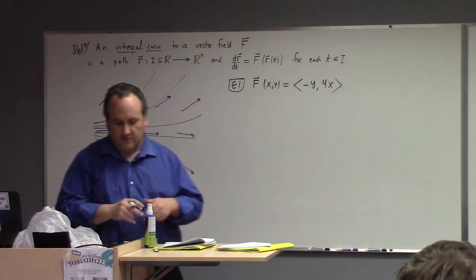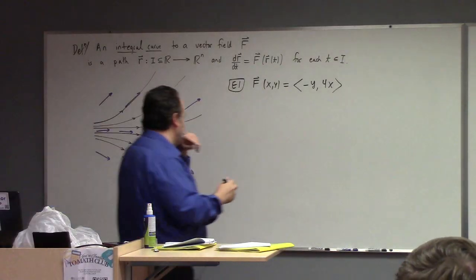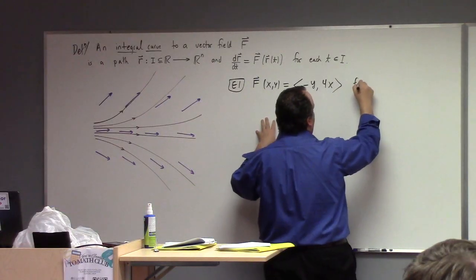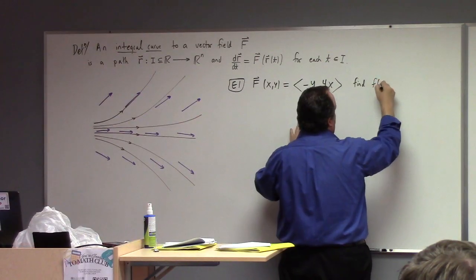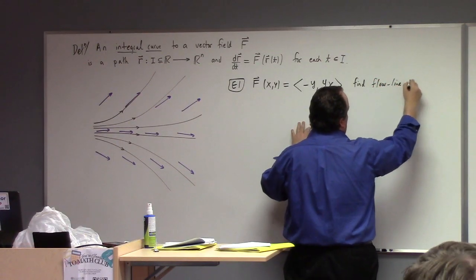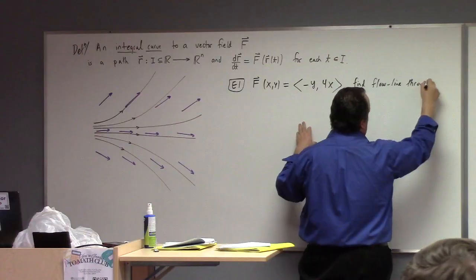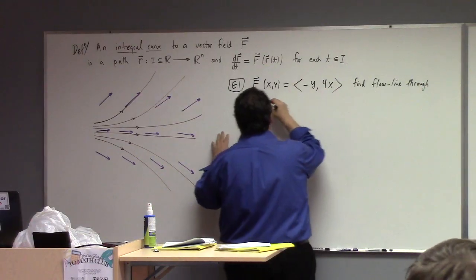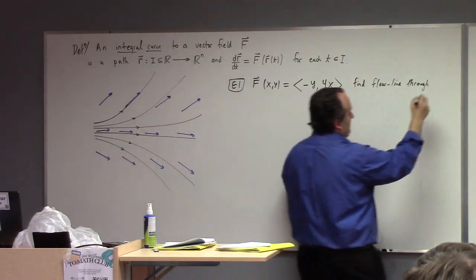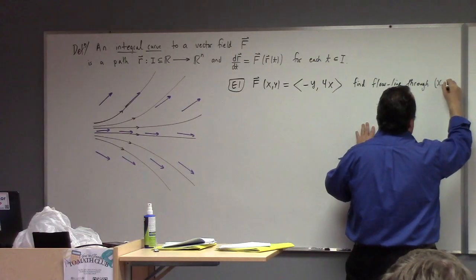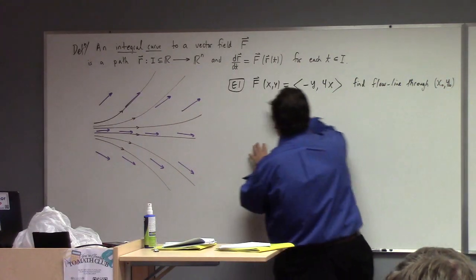I want to find the integral curve, or if you like, find the flow line, or the streamline, through the point (x0, y0). We'll do it through an arbitrary point. So that's the problem.